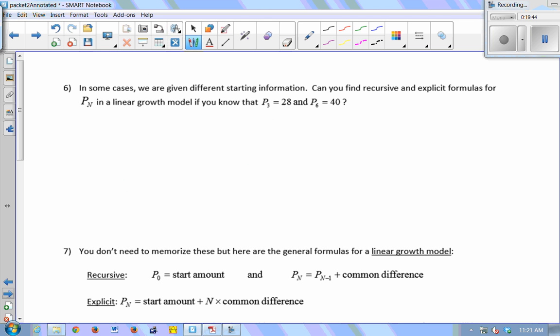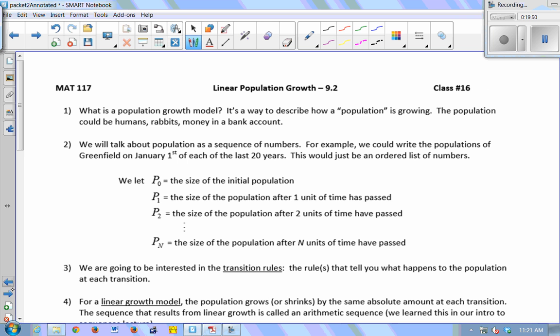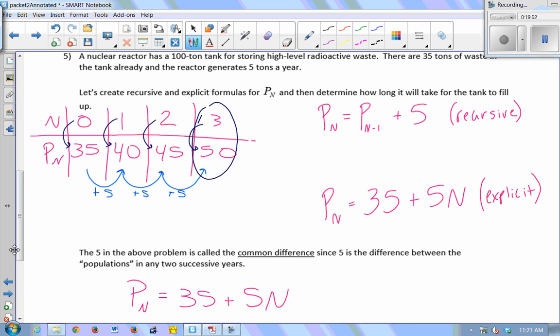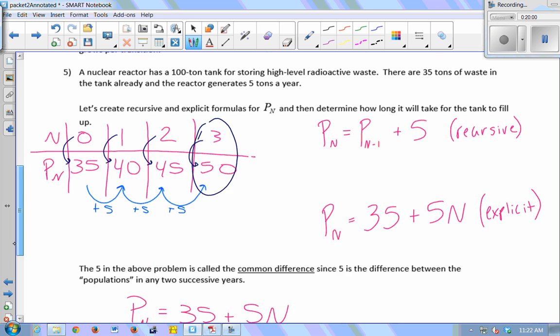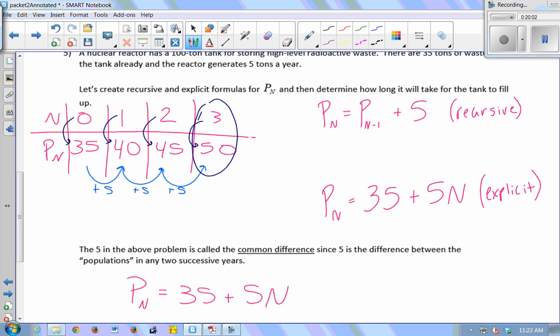So in some cases, you might be given different starting information. So that was a great segue, Brittany, right? Because you just took the starting information 3, 50, and extrapolated to the information you wanted to know. Sometimes you might not even be given the amount at time 0, right?